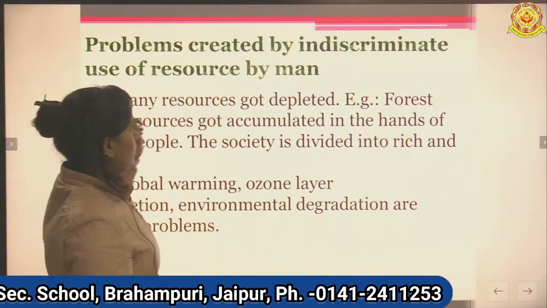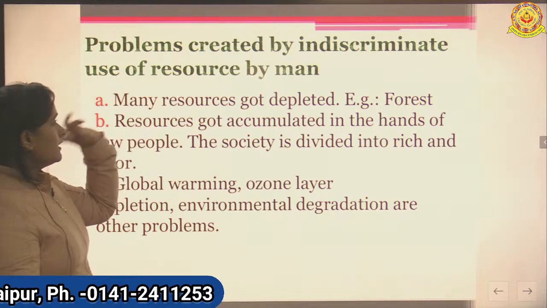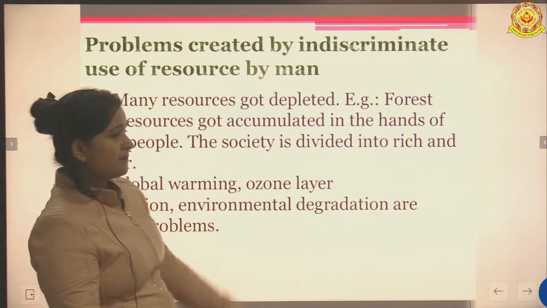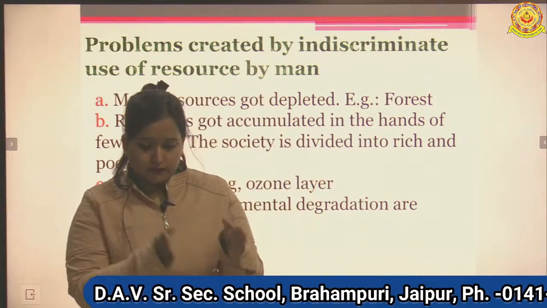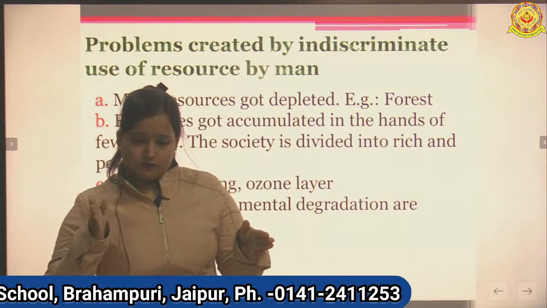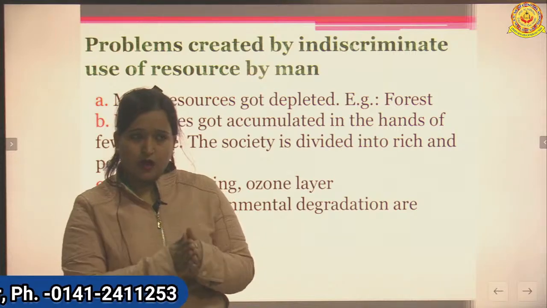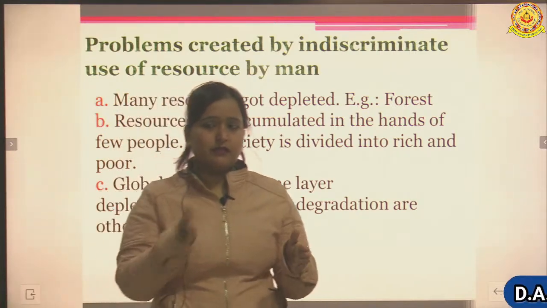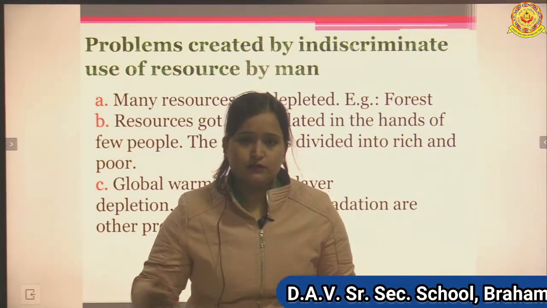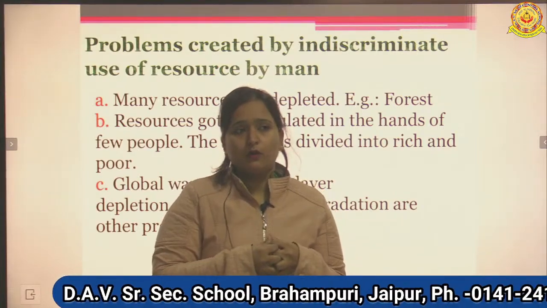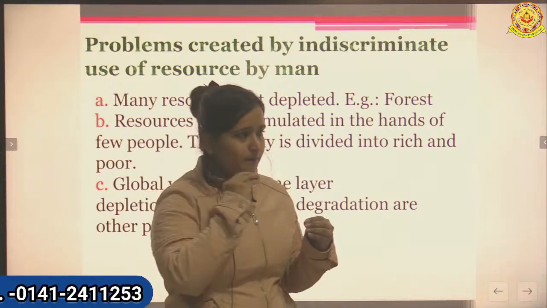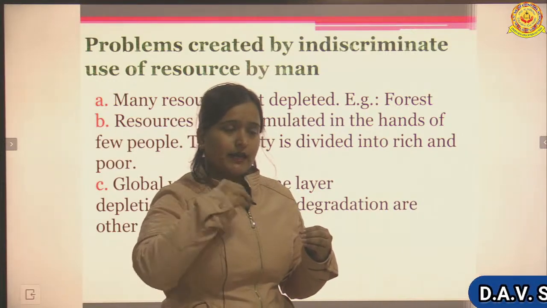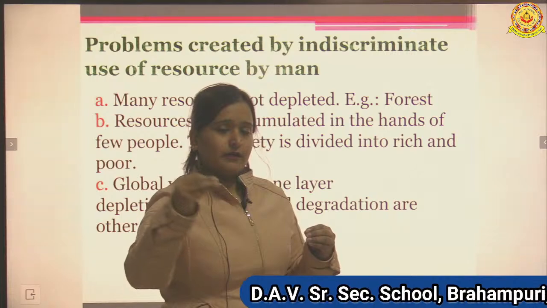Now the next topic is problems created by indiscriminate use of resources by man. We all know that as individuals we are wasting resources. How can we say that we are wasting the resources? Because we all know that some resources are non-renewable and can become extinct and exhausted after a particular time.